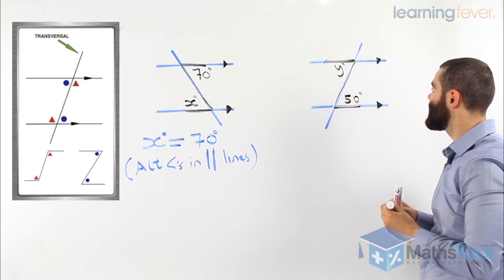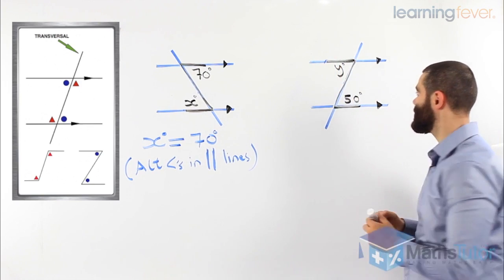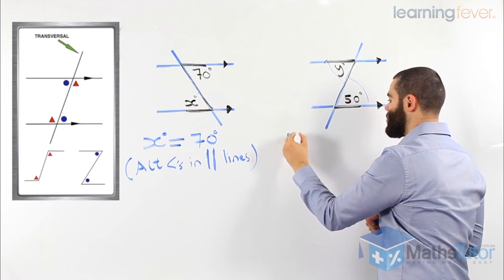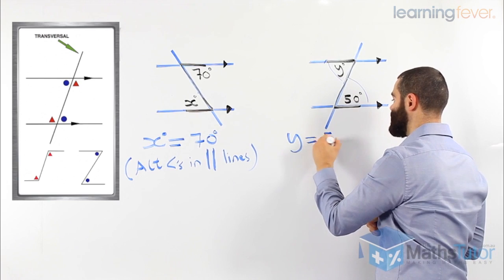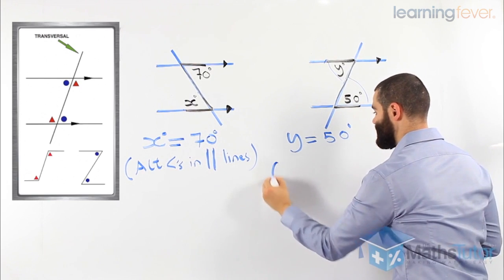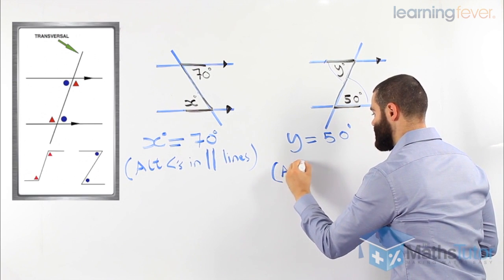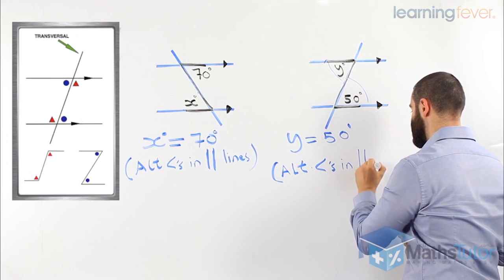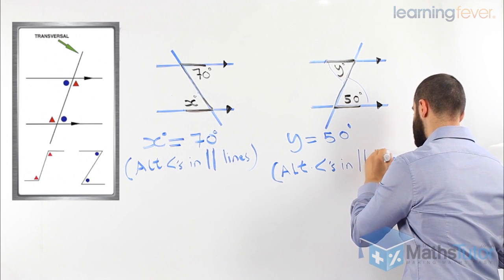Okay, we have a Z looking shape. This angle is alternate to that one. Therefore, Y is equal to 50 degrees. And our reason: alternate angles in parallel lines.